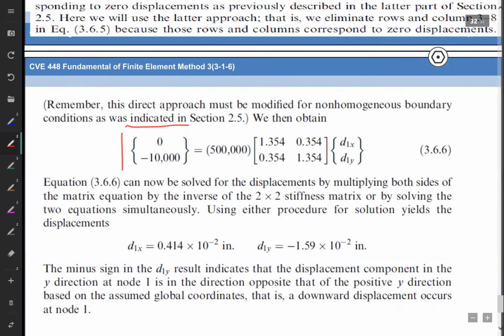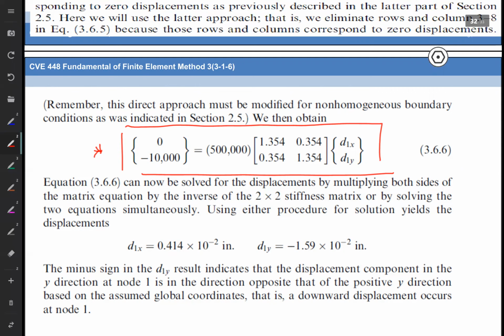And because this is a homogeneous boundary condition, we can cut off the row and the column. But if the boundary condition is non-homogeneous, we cannot do it like this. We have to take care of the value of the boundary condition also.